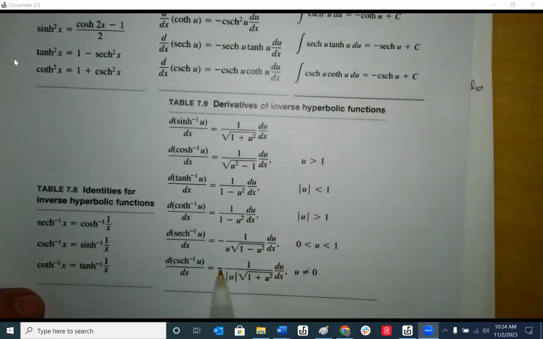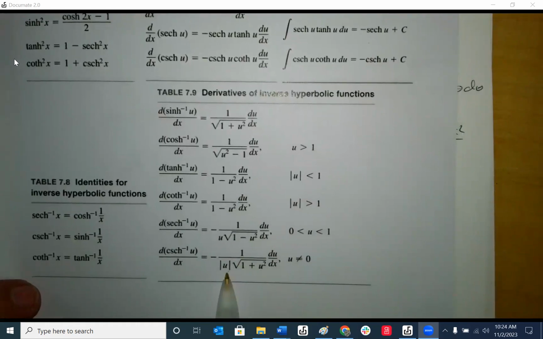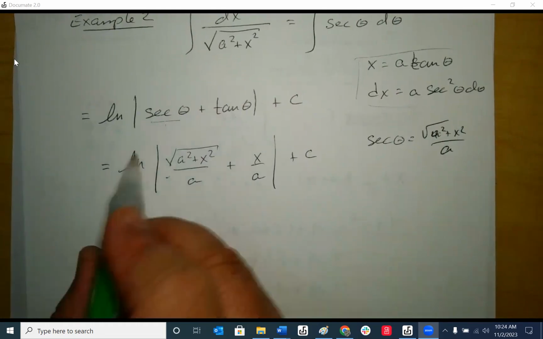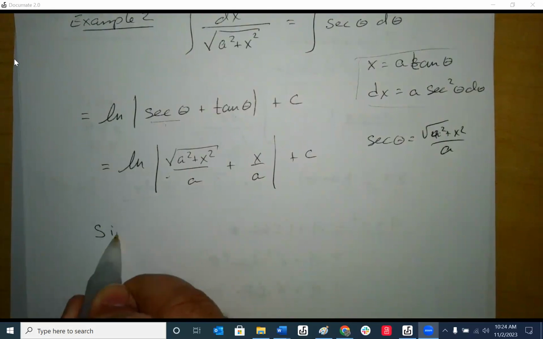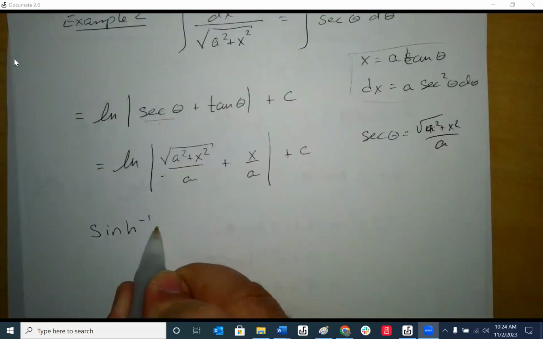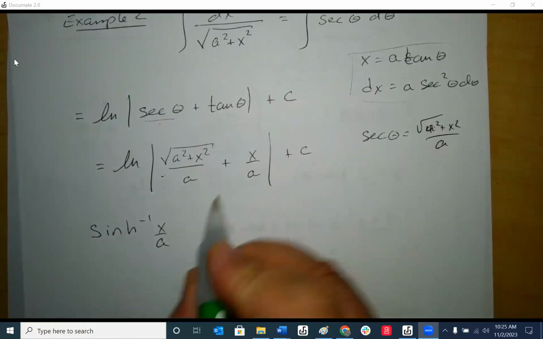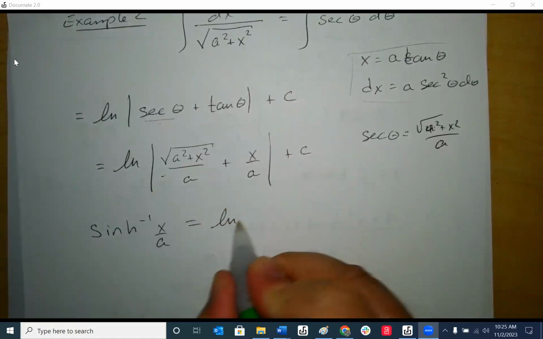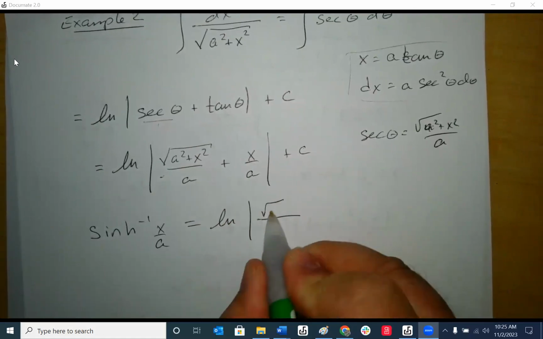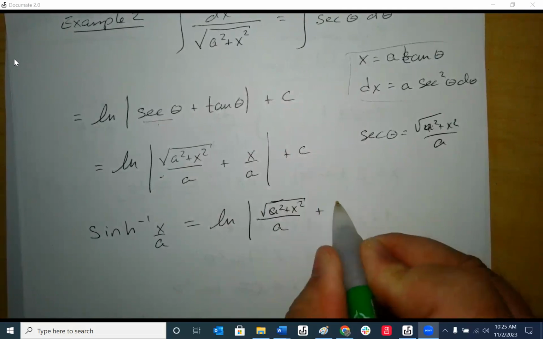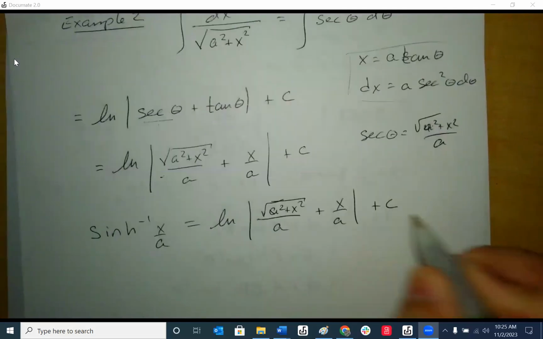The other ones are minus, and this one has an absolute value of a. So it has to be the inverse of sine of u. So that means we know that the inverse hyperbolic sine of our function, which was x over a, is equal to ln of the square root of a squared plus x squared over a, plus x over a, plus c.